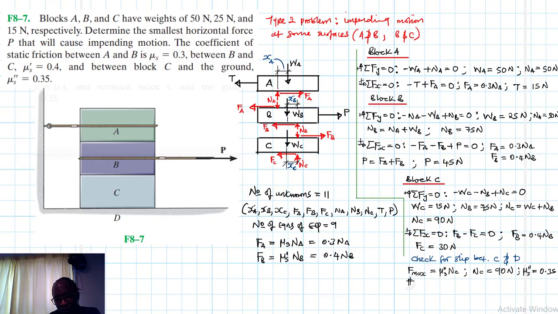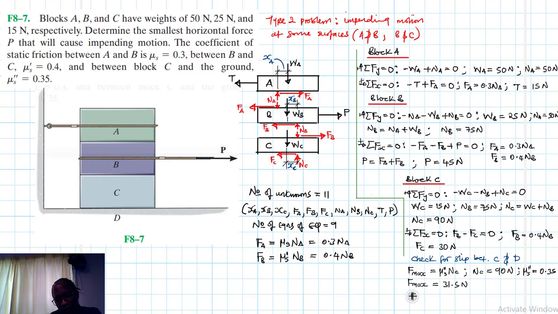Therefore, F max is going to be equal to 0.35 by 90. This gives us 31.5 newtons.